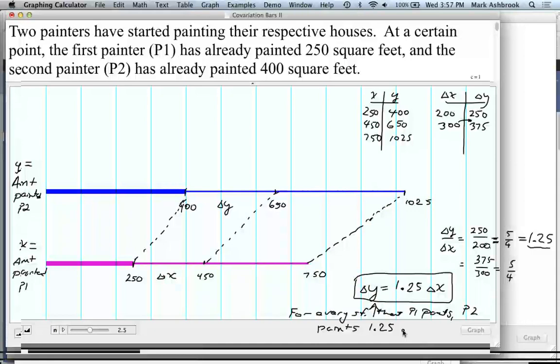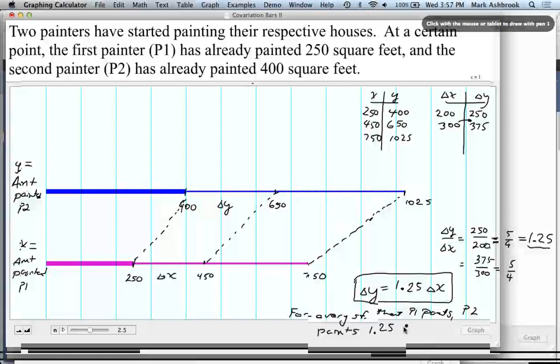For every 1 square foot, oh, sorry, there's an arrow in there. For every square foot that painter 1 paints, what does painter 2 do? Paints 1.25 square feet, right? Because you just said painter 1's painting 1 square foot.